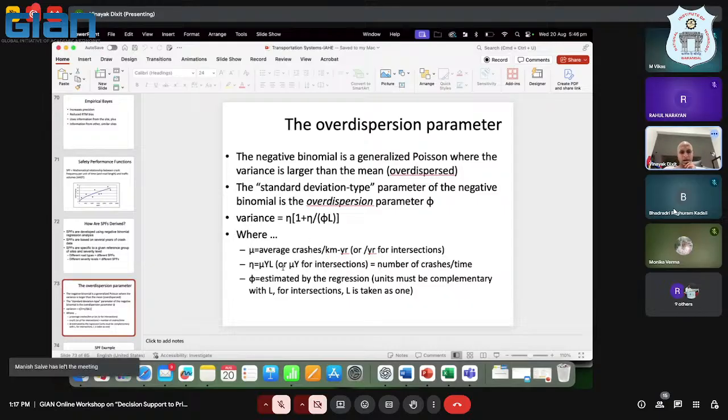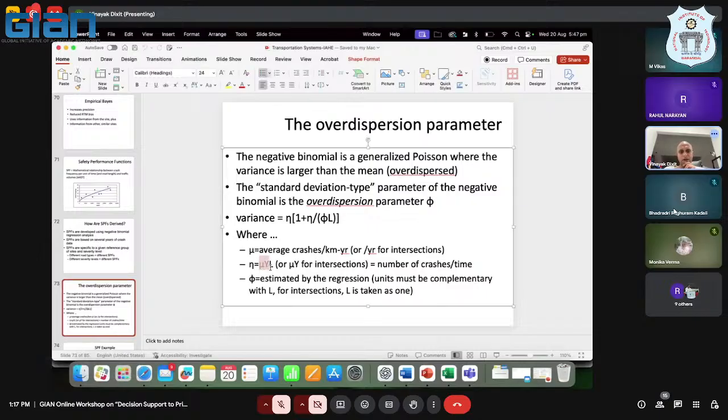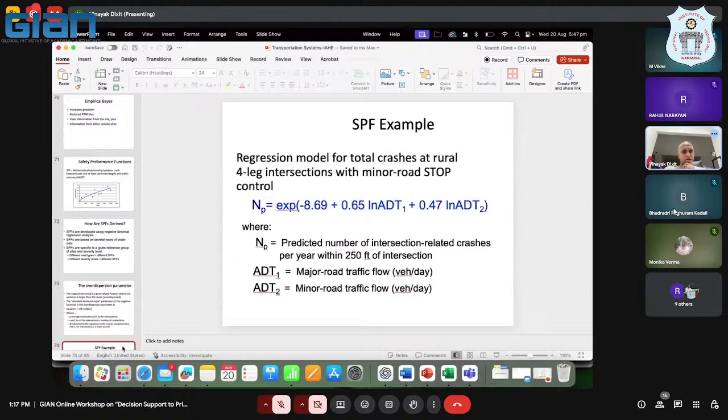In a way, it is the average crashes multiplied by the number of years multiplied by the length of the road, and if it's intersections, it's only the number of years.